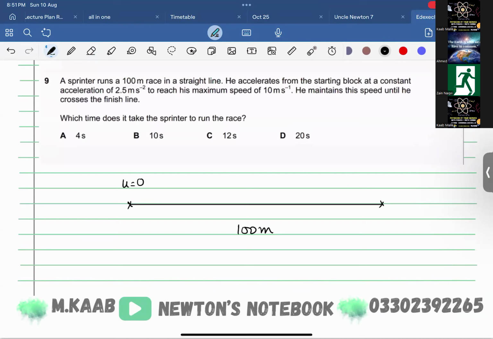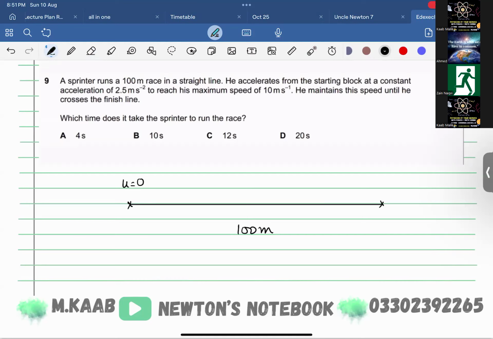This is a constant acceleration. Says he maintains speed. What about the acceleration at constant speed?